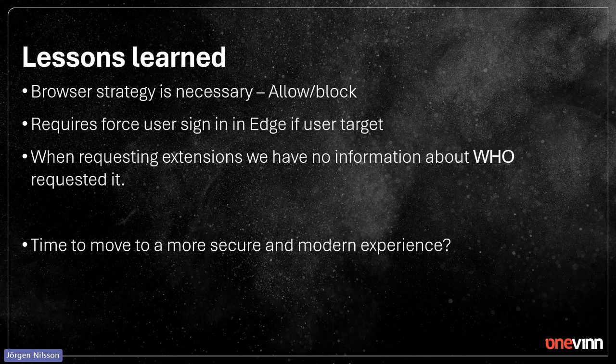So I hope you got some insights in how we can make our browser and Edge both more secure, a more modern experience for the end user, and also new possibilities with actually enforcing the browser strategy, which I hope everyone is doing, and also maybe restrict with a simple URL block which AI engines you're allowed to visit. At least before we have some other guardrails in place for our information, right?